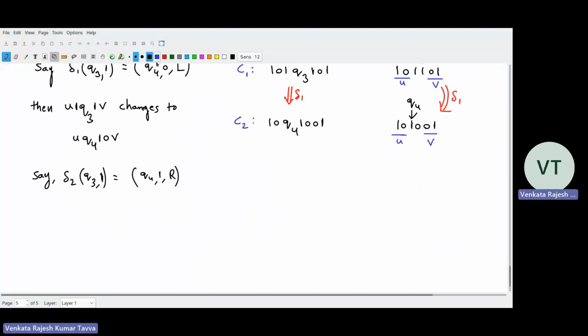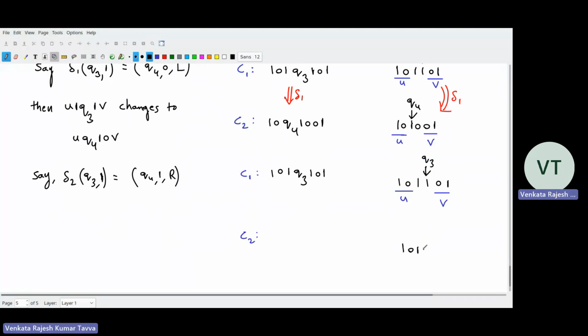Okay, so here say the first configuration is the same, 101 Q3 101. If you have to depict it visually, it is 101 101 and Q3 is pointing to this one, right? This is my U, this is my V. Now when I update the configuration, so first let's do it here, it is easy.